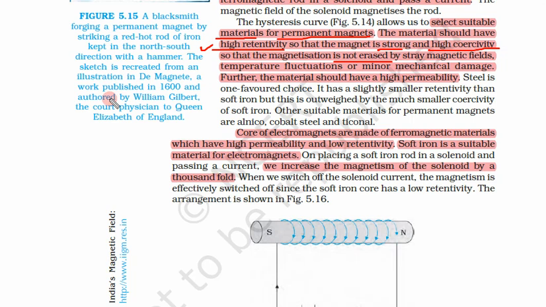Like in the previous example, we saw that the highest magnetic field was 1.5 Tesla, but when we remove this magnetic field, it was still 1.2 Tesla. So this is still a high magnetic field. This is a strong magnet, even without an external field or any field intensity. So we need a high retentivity.